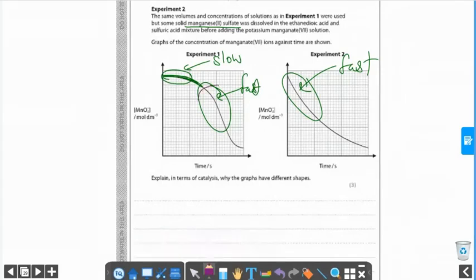But with time, as more Mn2 plus is produced, the reaction is speeded up.